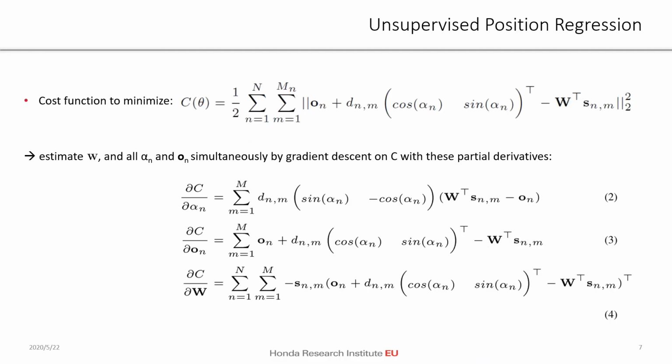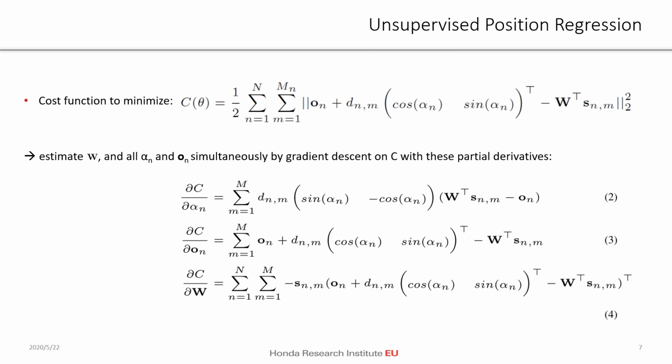So for correctly estimated parameters alpha, O, and W, each point along a line can be expressed by the right-hand side here, W transpose times S, and also as being on a line as shown on the left, so this difference should be minimal.